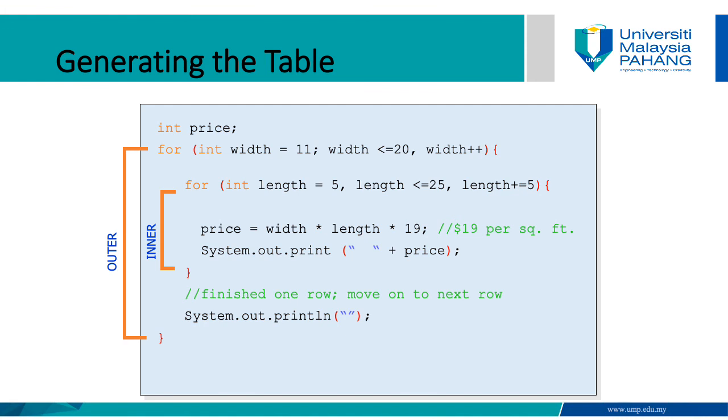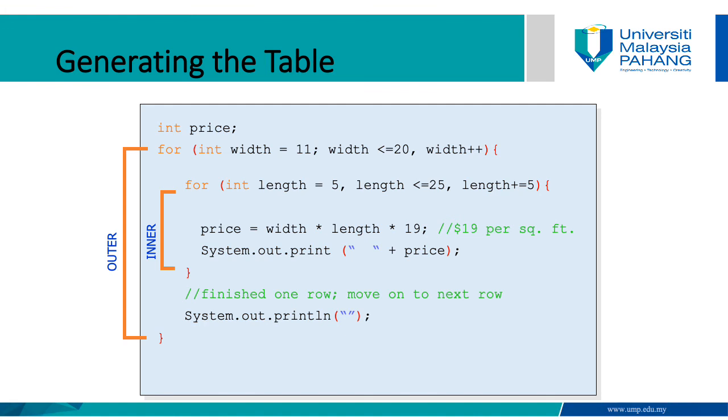The initialization for length is 5, and then the length must be less than or equal to 25, length += 5. The increment for the length value is 5. For example, it begins with 5, the next length value will be 10, and the next will be 15, like that.